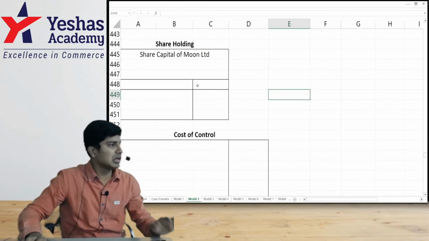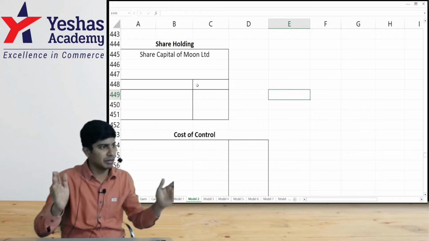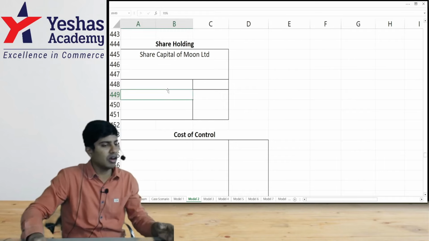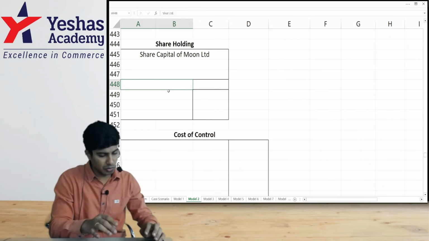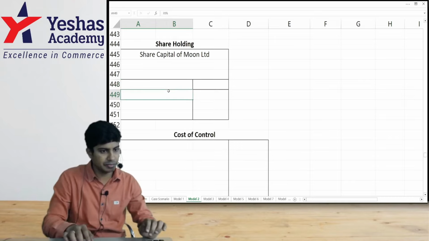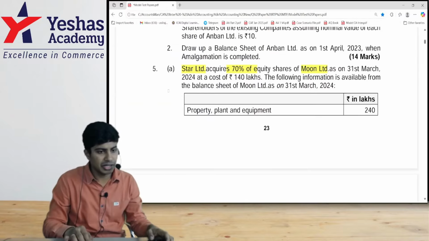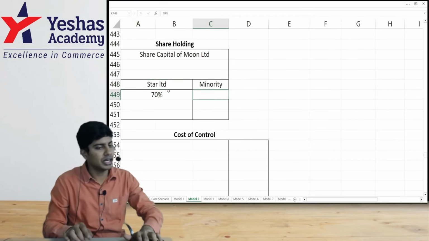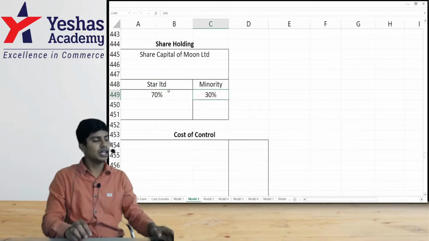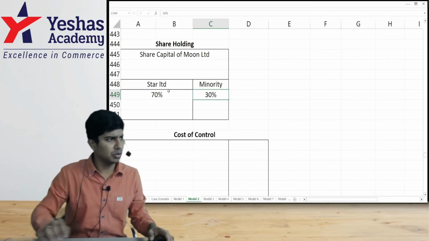Share capital of Moon Limited has to be split between holding and minority. I don't know how much is that of Star, how much is that of minority, but I would write Star Limited, the holding company, has how much percentage? 70%. Minority interest would hold how much percentage? 30. Do I know the share capital right now? I don't.